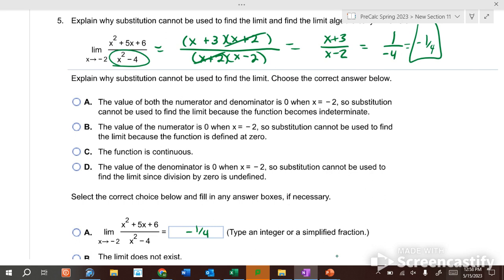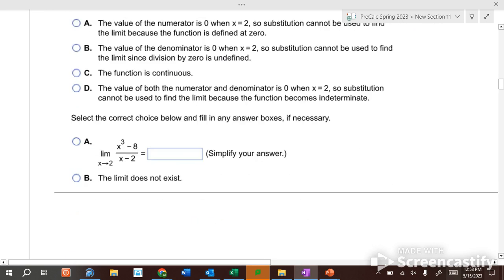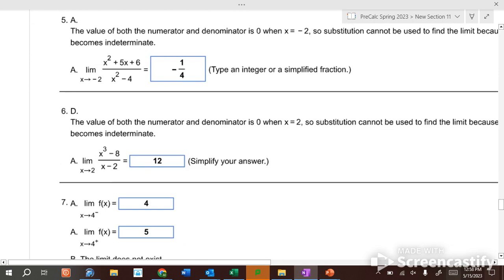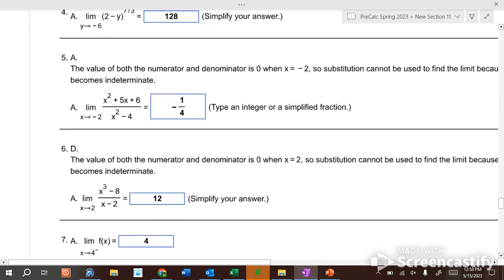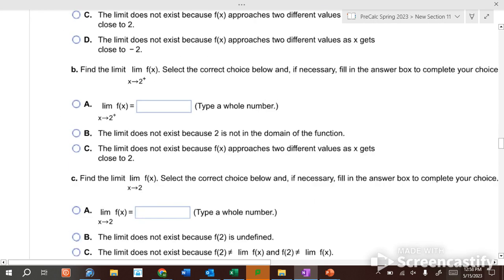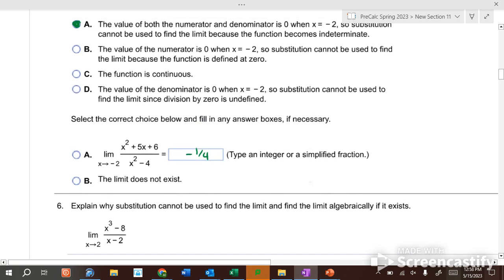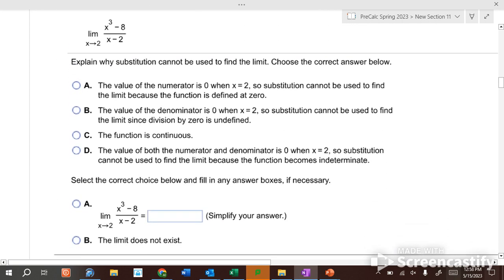Explain why substitution cannot be used: because it's indeterminate, right? Let me check and see if that is the answer. Yep, because we get an indeterminate solution. But as soon as we factor, we can determine a solution.